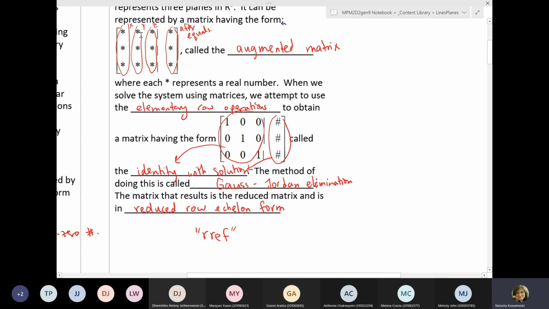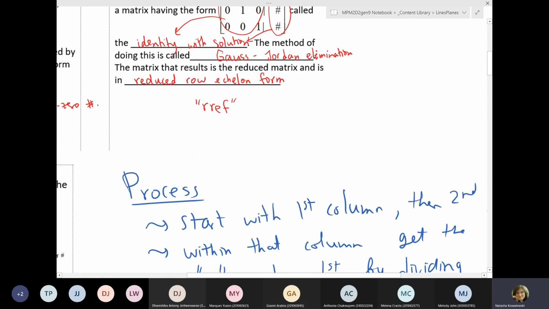In that column, this time you're going to be working to get that middle one to be a 1 first, and then you'll work to get the above and below to be zeros. And then you move on to the next column, where you work to get the 1 first and then the zeros above it. Okay, so that's the process.